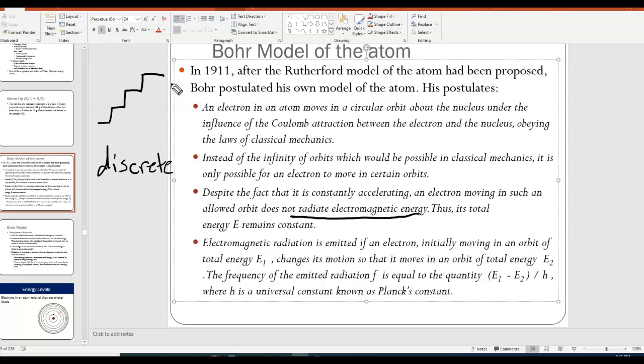And then fourth, it says electromagnetic radiation is emitted. By the way, emitted, of course, means released or put out. And that word might make you think of emission spectrum, and it does have to do with the emission spectrum. Electromagnetic radiation, we are just going to call, for the time being, photons.